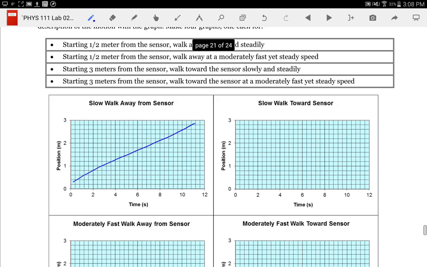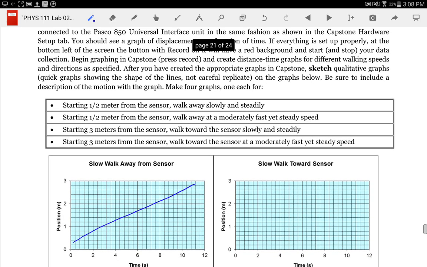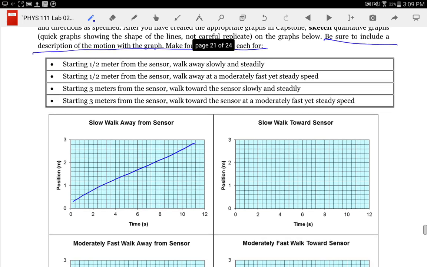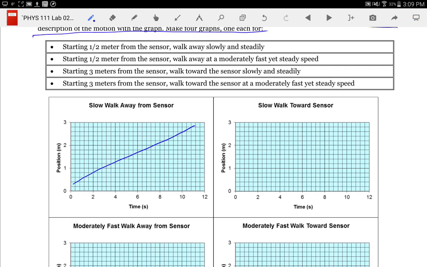And then I need to have a description. Notice here it says, be sure to include a description of the motion with the graph. Well, where are you going to put that description? Just put it right here. How would you describe this graph?